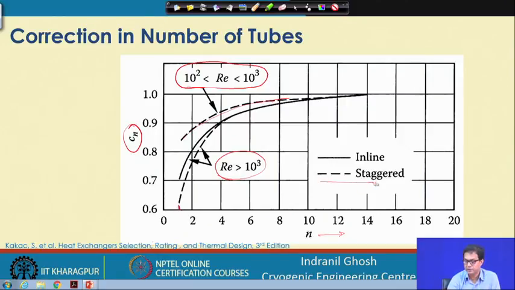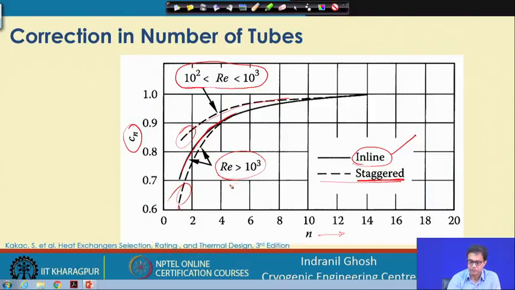Please note that this dotted line is for the staggered condition and the continuous line is for the inline condition. So, if the tubes are arranged in inline condition, then we should look for this curve. If they are in the staggered condition, depending on the Reynolds number, we look for either this curve or this curve.